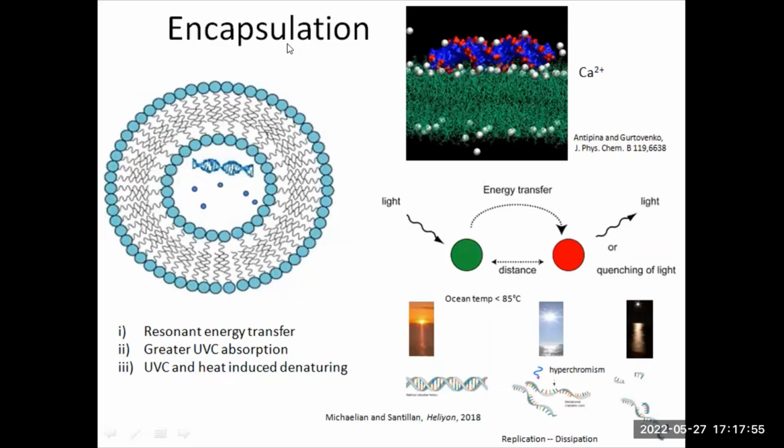Now, how do we get encapsulation? Well, as I mentioned, if there are other organic molecules at the ocean surface, and we said that the density of organic molecules is very high at the ocean surface, then it could be quite probable that, for example, DNA or segments of DNA could be trapped within the system.